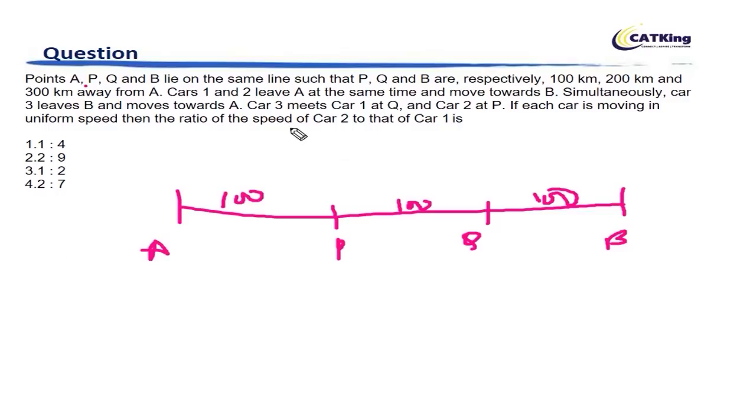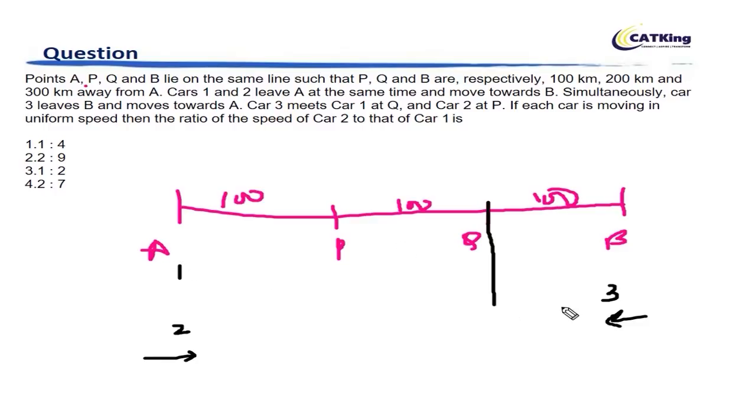Now car 1 and 2 leave A at the same time and move towards B, right? Simultaneously car 3 leaves B and moves towards A. Now car 3 meets car 1 at Q. If car 3 meets car 1 at Q, car 1 has traversed 200 kilometers in the time car 3 has traversed 100 kilometers.